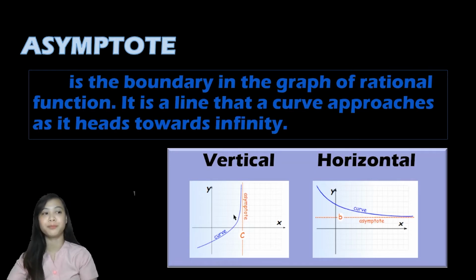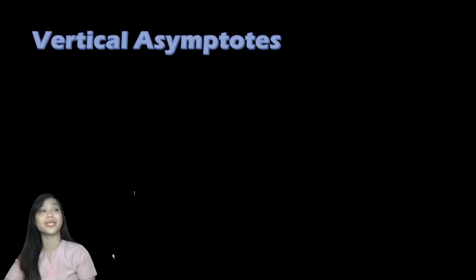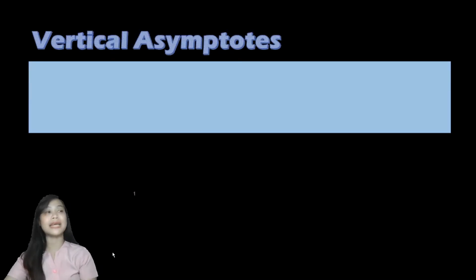So this is a curve, and this is your vertical asymptote, denoted as C, and this is the curve or the rational function, and this is our horizontal asymptote, the B. Now, let's define what these vertical and horizontal asymptotes are. First, vertical asymptotes.